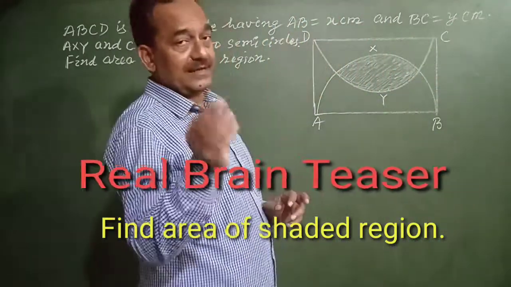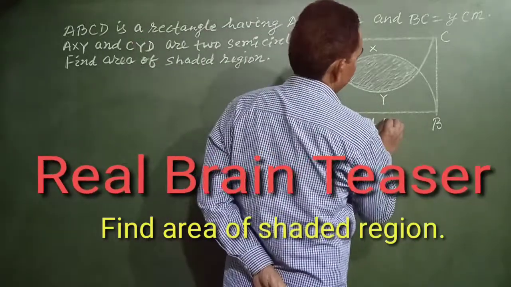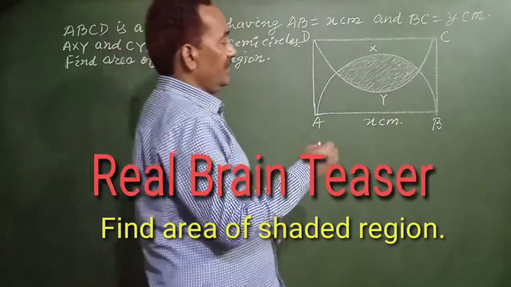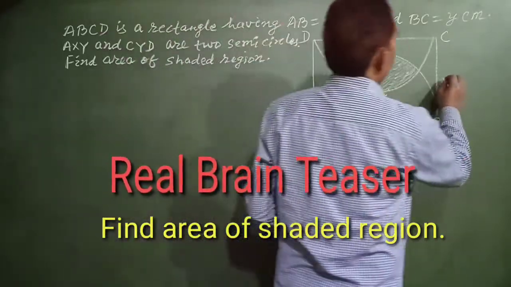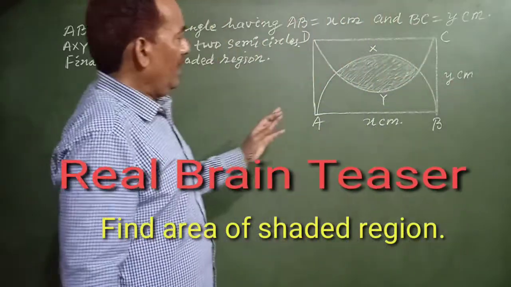ABCD is a rectangle whose length is X cm. This is X cm, and BC, that is the breadth of the rectangle, is Y cm.